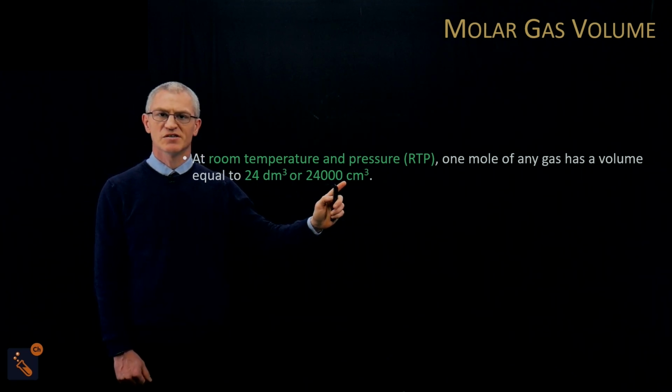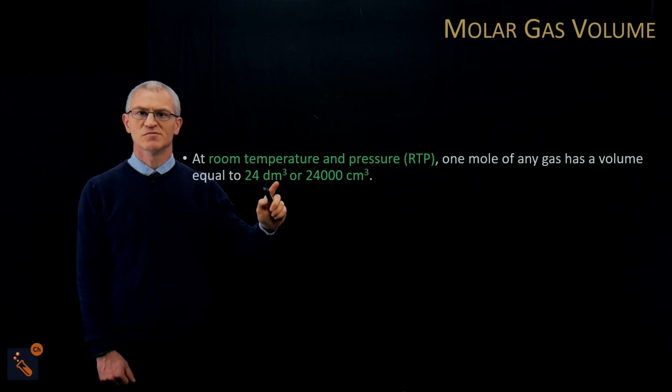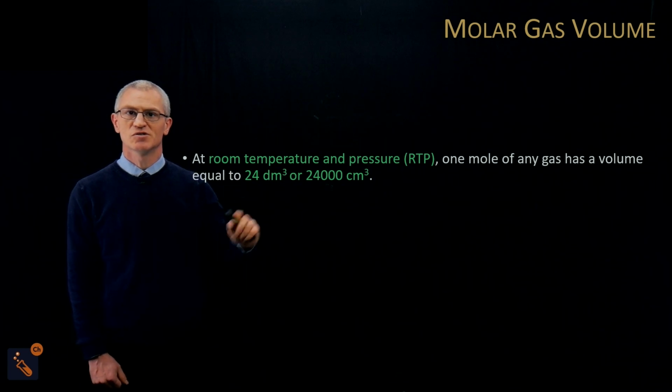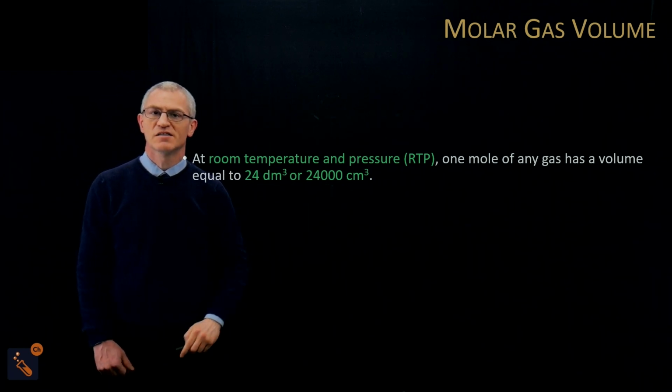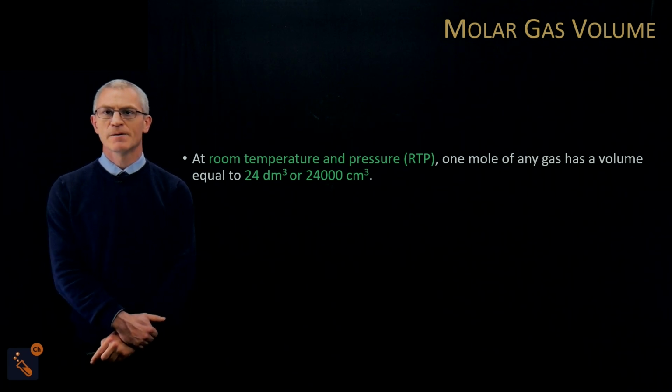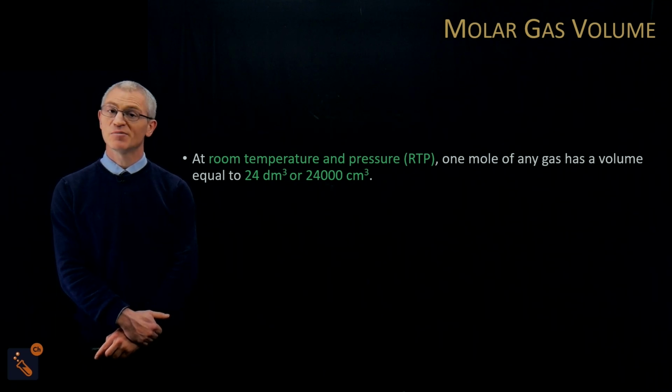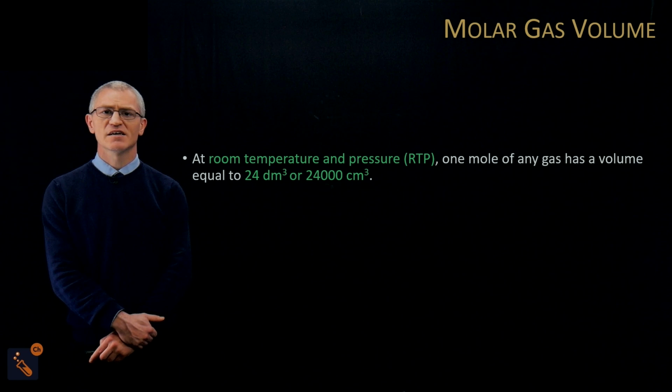And if you're timesing by 1,000, 24 times 1,000 is 24,000. That means 1 mole of any gas at room temperature and pressure will be equal to 24 decimeters cubed or 24,000 centimeters cubed.